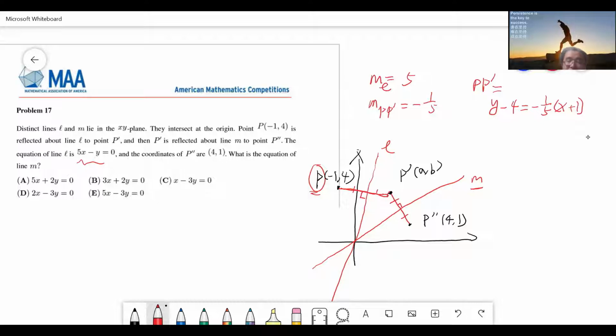Right. We know the equation of PP prime. We know the equation of L. So with these two equations, it's easy to find the intersection of these two lines.